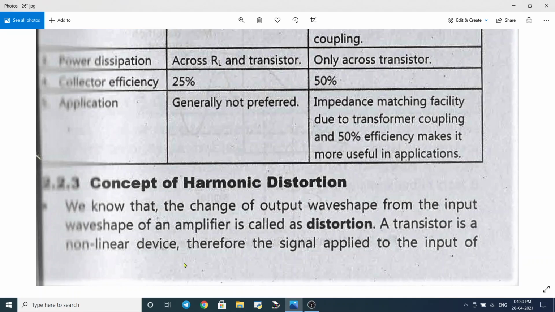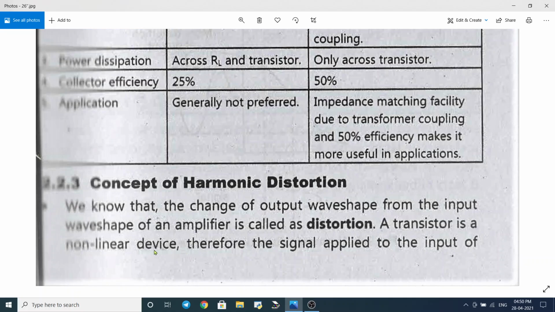Now we know transistor is a non-linear device. Non-linear means its output characteristic is not a straight line. It is a curve, a non-linear curve. So transistor is a non-linear device.